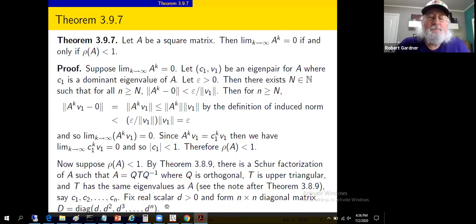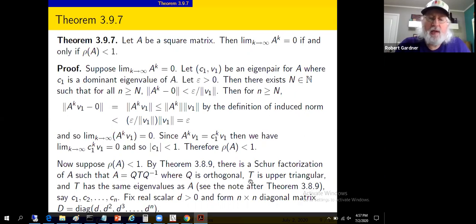All right. Fix some real scalar d, positive, and form an n by n diagonal matrix where the entries are d, d squared, d cubed, up through d to the n. No constraints on d other than it's positive. So we're making a diagonal matrix D as given. So here's what we've got. We've got matrix A, we've got an orthogonal matrix Q and its inverse.